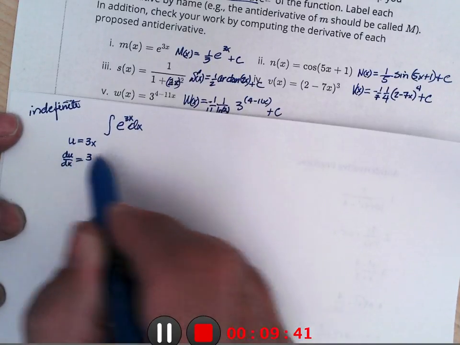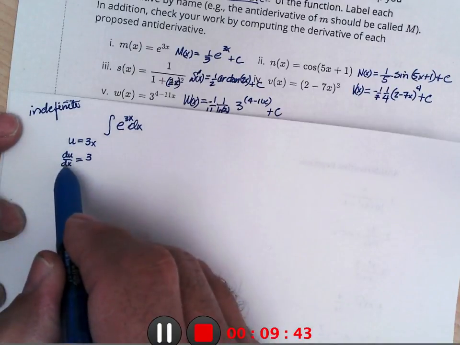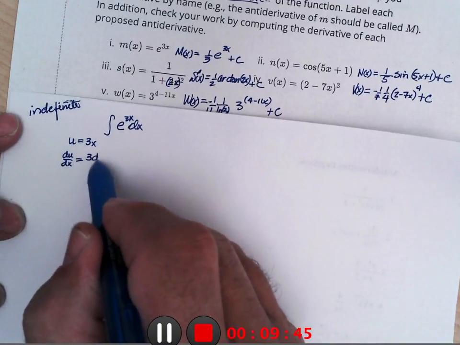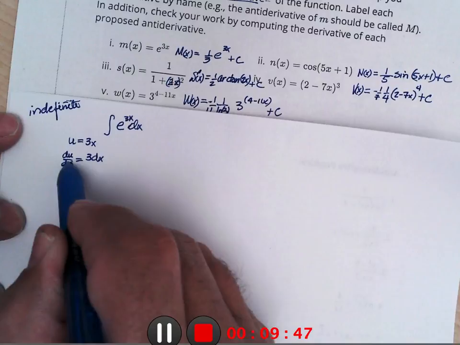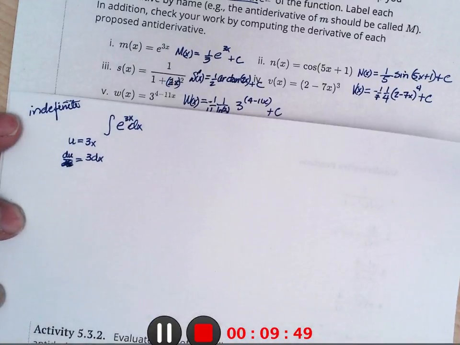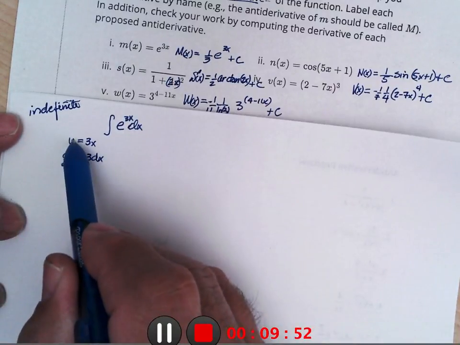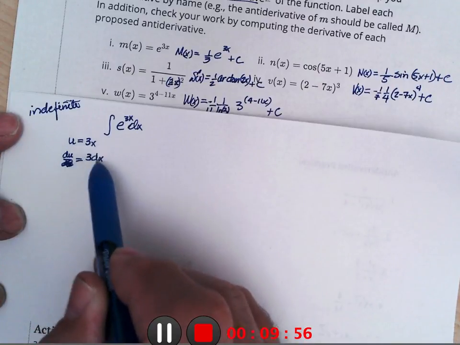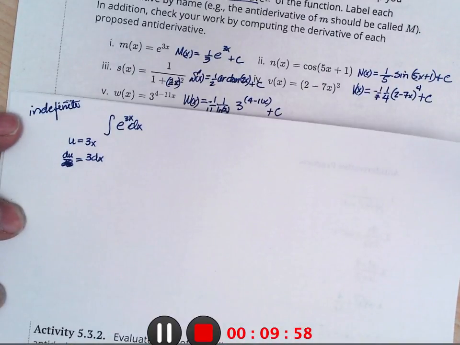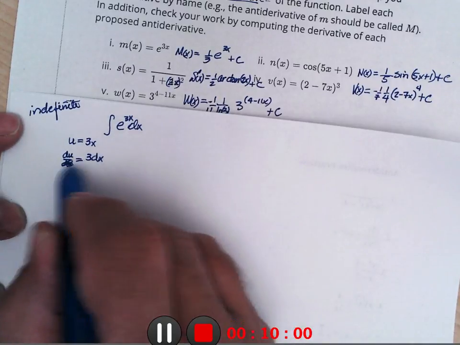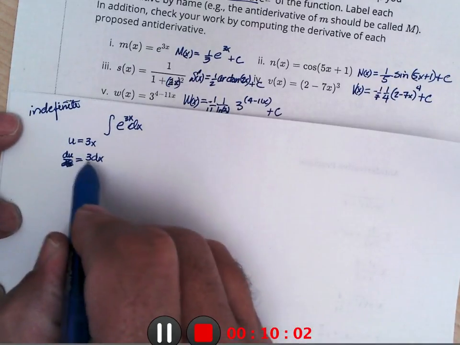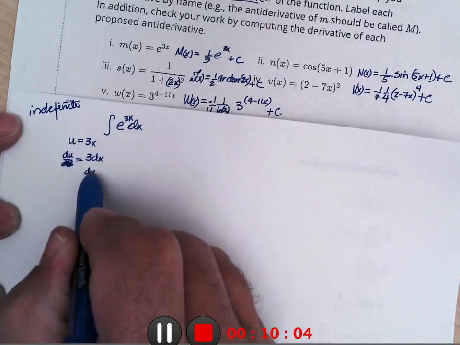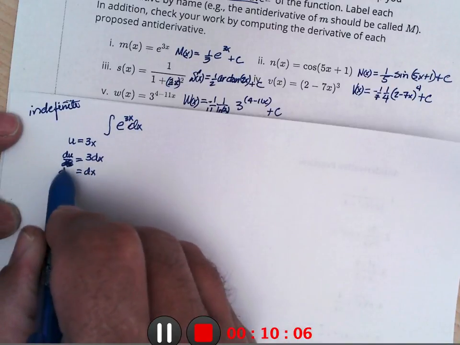But instead of writing the dx down here, I'm going to write it over here. Multiply both sides by dx. So I'm going to say the derivative of u is du, and the derivative of 3x is 3 times dx. That's kind of an easier way to get to this. It saves a step. And then I'm going to solve for dx, which is going to be du divided by 3.